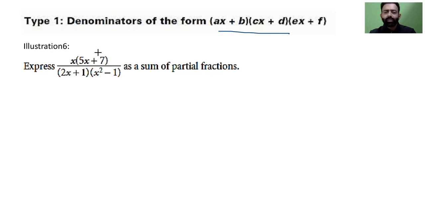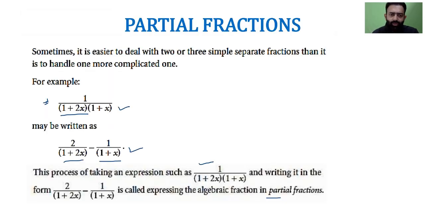But before that, there is a condition to convert an algebraic fraction into partial fractions. The highest power of the variable, the degree, in the numerator must be less than the degree in the denominator. You can write here that the degree of the numerator should always be less than the degree of the denominator. Only then can you apply partial fractions.